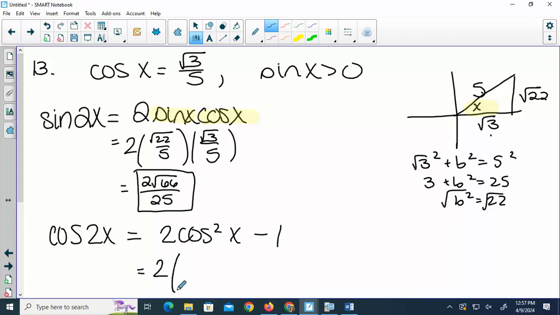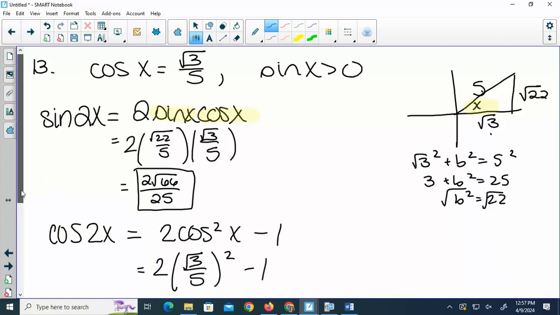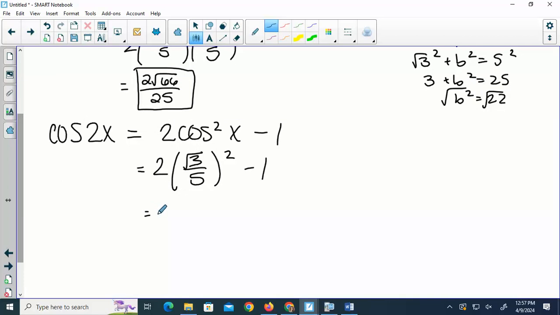What is cosine of x? Radical 3. Okay, so if we square that, radical 3 squared is 3, 5 squared is 25. We get 6 over 25 minus 1, or negative 19 over 25.